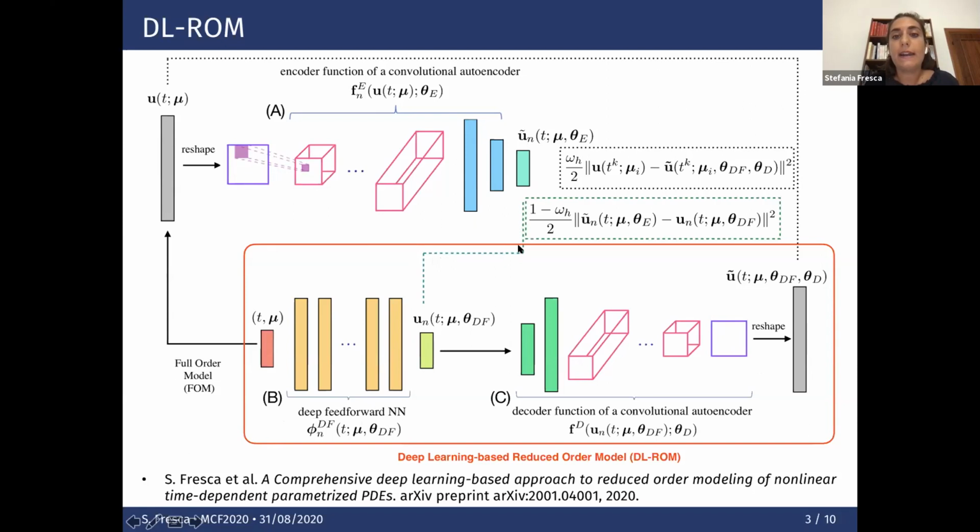Then the error between the two low-dimensional vectors is computed. The intrinsic coordinates enter block C, the decoder, and it outputs the ROM approximation, and the reconstruction error between the approximation and the FOM is computed. Regarding instead the testing phase, the architecture is the one in the red box, where we discard the encoder function.